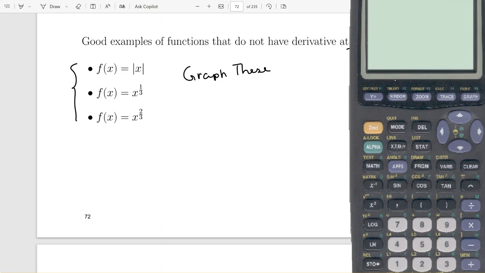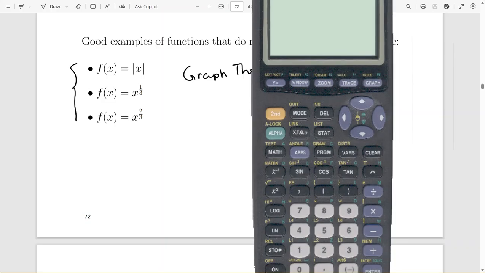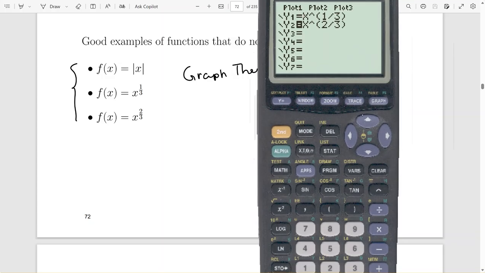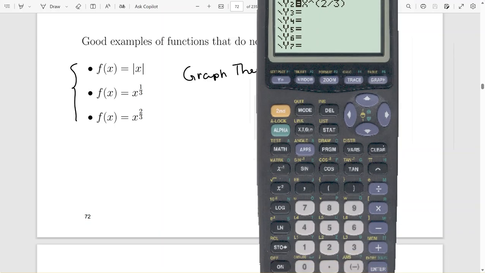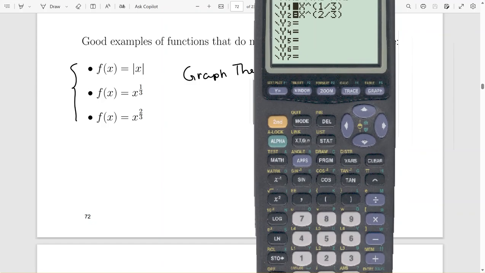And if you take a look at x to the 1/3, the same thing's going to happen. I've got both of them graphed on here, but I'll just show you one at a time. Let me turn off the second graph here. All right, so if I graph x to the 1/3, notice I've got something that looks like the y equals x cubed function turned on its side, but here's the thing.